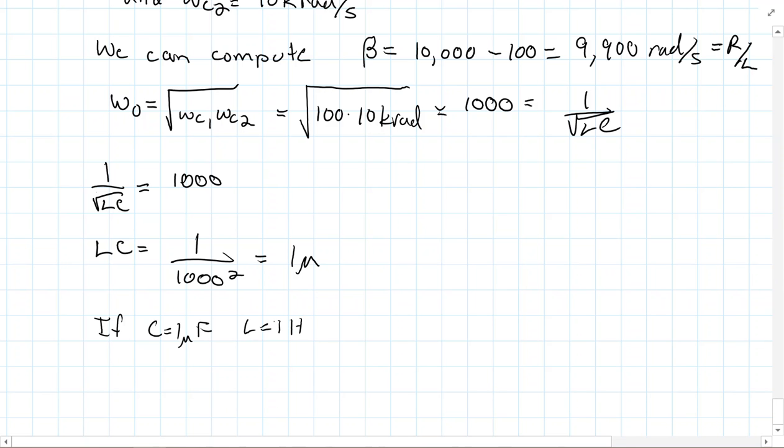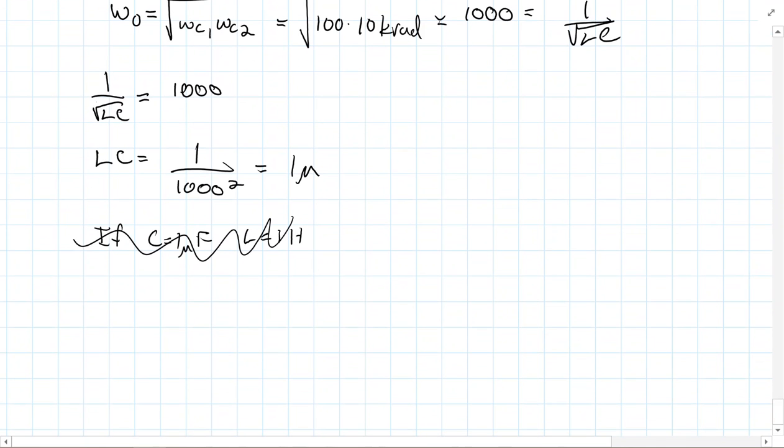We'll let L be, maybe let's do 10 millihenry, which isn't unrealistic. It's still a fairly large value for it. But then I've got C times 10 millihenry is equal to 1 micro.